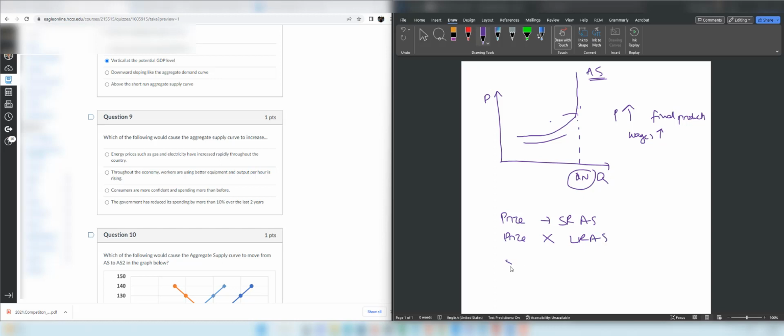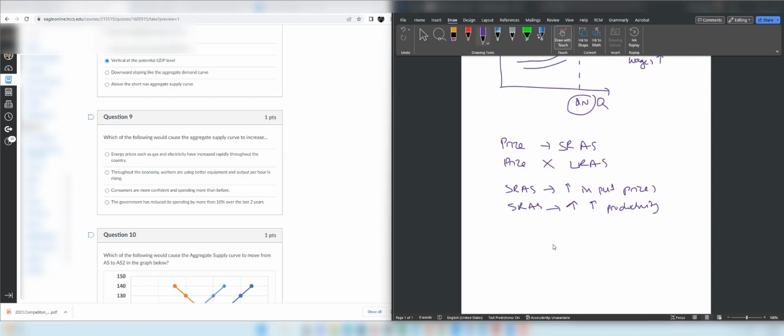What else? The short-run aggregate supply curve can shift because of an increase in input prices, like energy prices, increase in wages, increase in cost of production. And the short-run aggregate supply curve can increase because of an increase in productivity. Labor productivity might shift because of technology or other reasons. Therefore, the short-run aggregate supply curve will shift to the right.